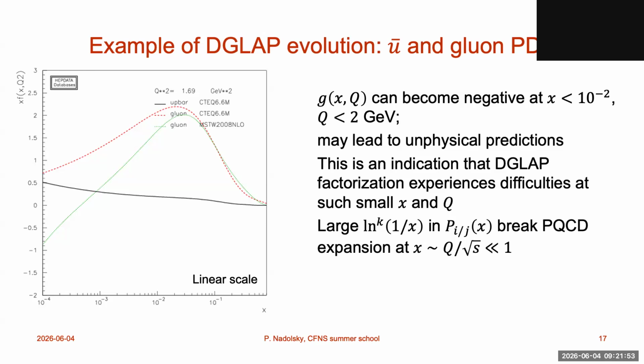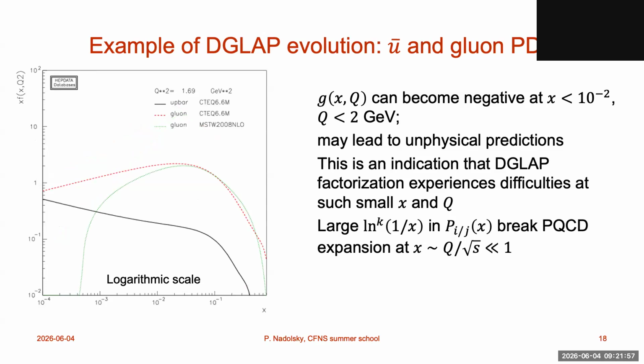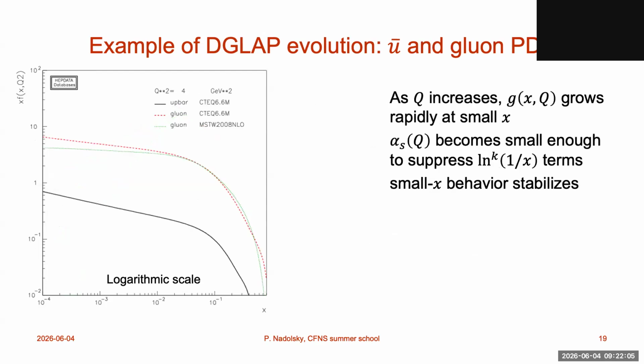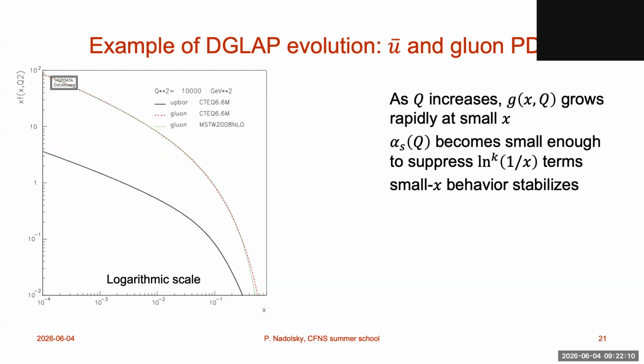Now, this is the linear scale, so let's plot this on the logarithmic scale. This is the same plot on the logarithmic scale. Now let's see what happens when we evolve the PDFs to a higher scale: 2 GeV, 10 GeV, and 100 GeV. You see a couple of things. First of all, the PDFs are positive everywhere, so they behave much better at a high scale where our perturbation theory is stable.